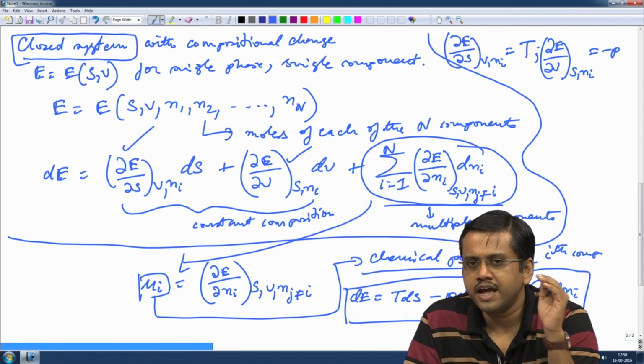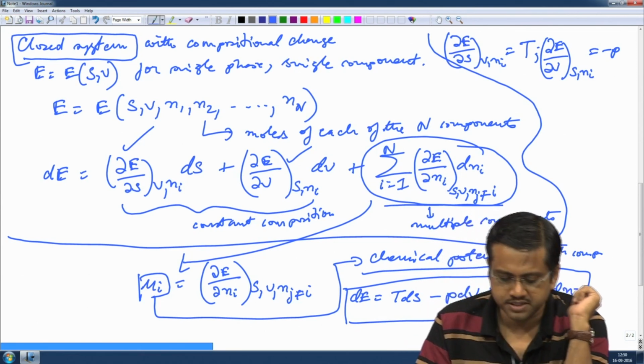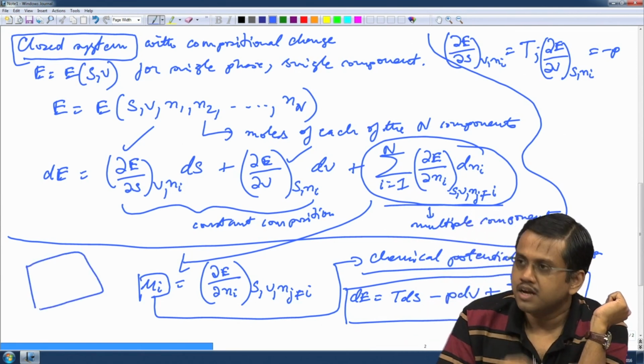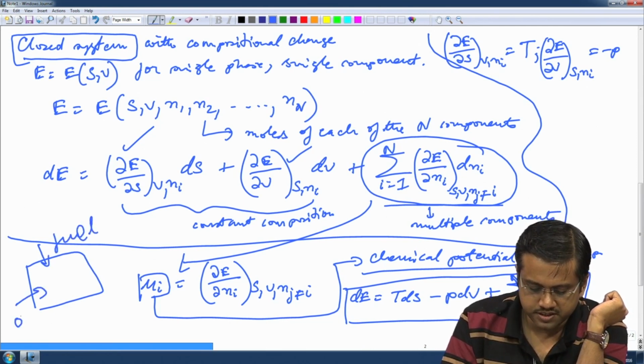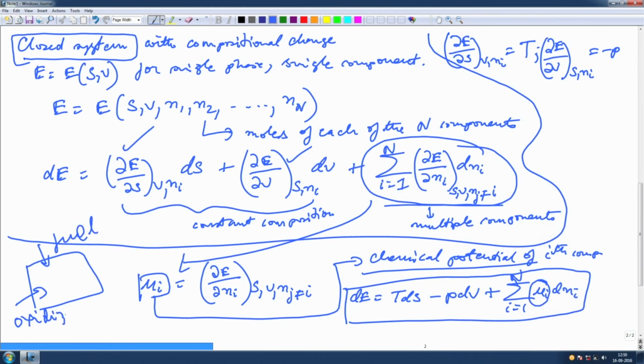But on the other hand, if you take a combustor in which you put fuel, you put oxidizer, and at the end of the day, if it is a closed system, like a vessel, you burn these two and you get the products, like CO2, CO and other things.